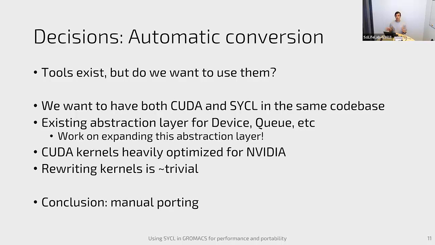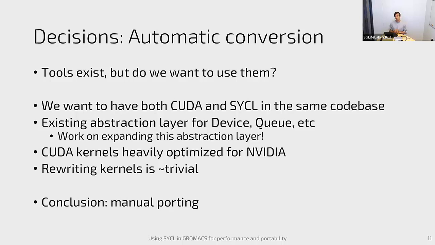But we don't want to just do blind conversions. We want to have both CUDA and SYCL. We don't want to replace CUDA with SYCL. So we want to keep the code very clean. We want to leverage the already existing abstraction layer for different objects like device, queue, stream, etc. that we had for portability between CUDA and OpenCL.